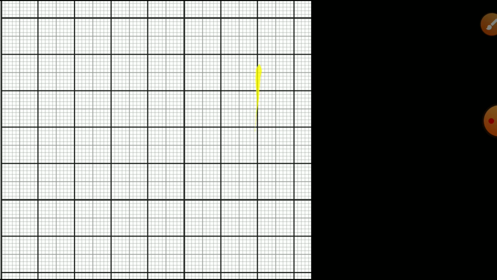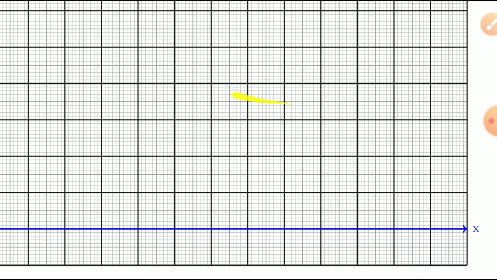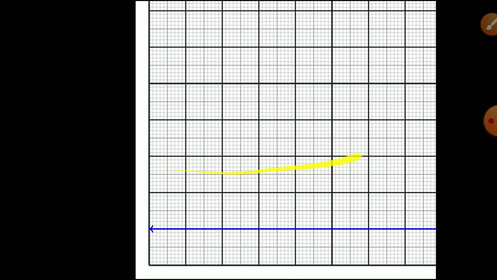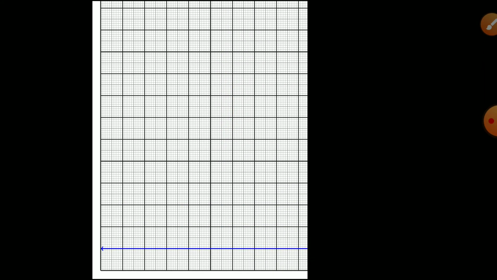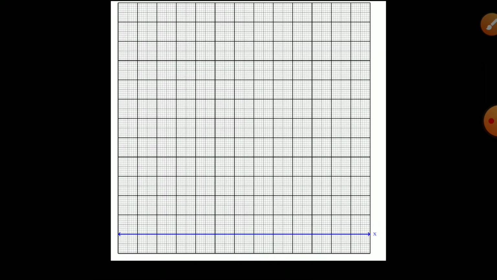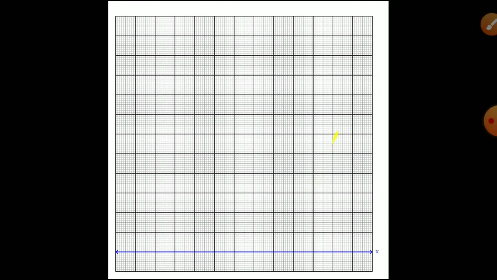On that graph paper draw the x-axis. See here a blue line on the graph paper, it is the x-axis and it is a horizontal line. Now next we draw the y-axis, it is a vertical line, both are perpendicular to each other.